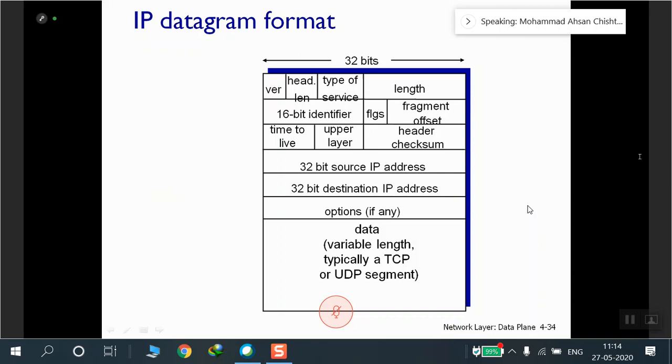Now, since we know that to be connected to a specific network we need an IP address, the IP address is not permanent. It keeps on changing. You move from one network to another network, your IP address changes. For example, you are in the hostel, you check your IP address.